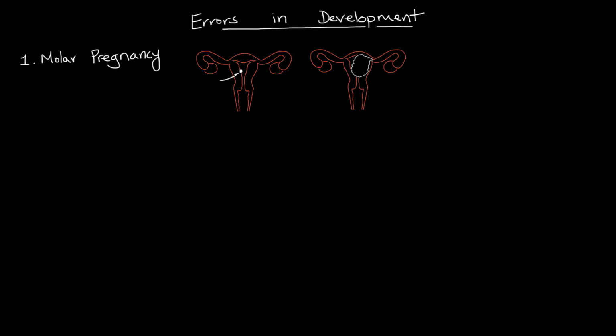And so over here we'd have an example of a normal implantation. The egg and the sperm fertilize to form an embryo that attaches to the wall of the uterus and starts growing normally. And over here we have an example of a molar pregnancy, and it grows very rapidly. It's almost like cancer.